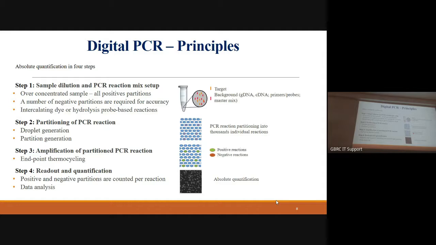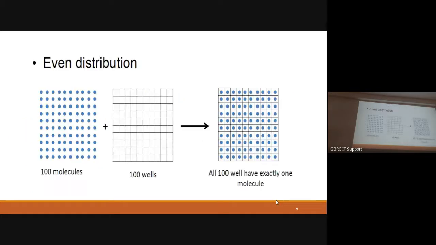Whatever PCR reaction mix you load into the well will be partitioned into thousands of individual reactions, and these thousands of individual reactions will carry out the PCR amplification of your target. After completion of the entire PCR cycle amplification, you will read the fluorescence in all the partitions, and finally you will do the data analysis.